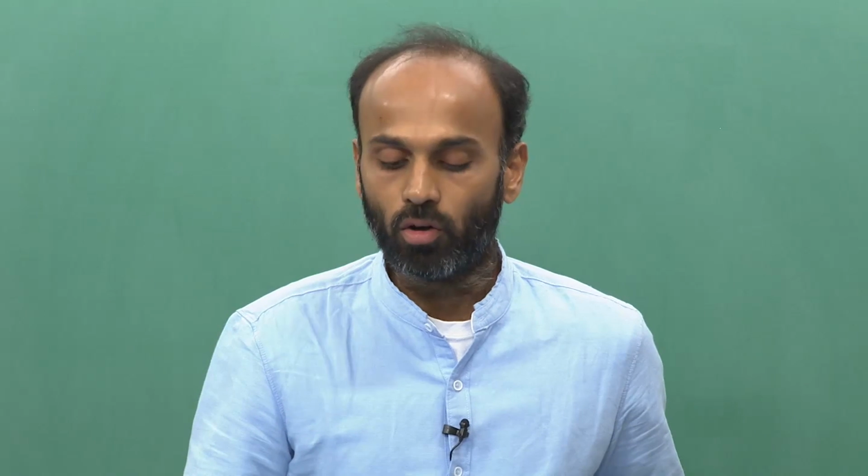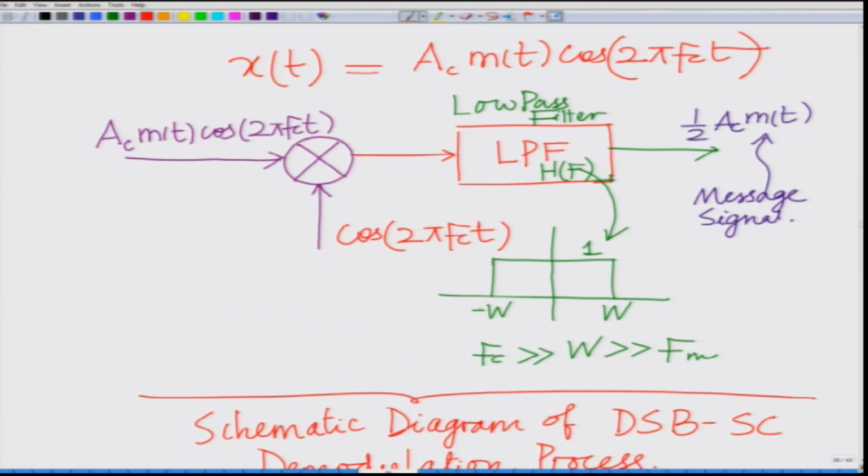Now, in this module, let us look at another interesting aspect. If you look at this, you will realize that the success or the efficiency of this demodulation process depends on something we have implicitly assumed, without making too much of a fuss or specifying exactly how this is done.